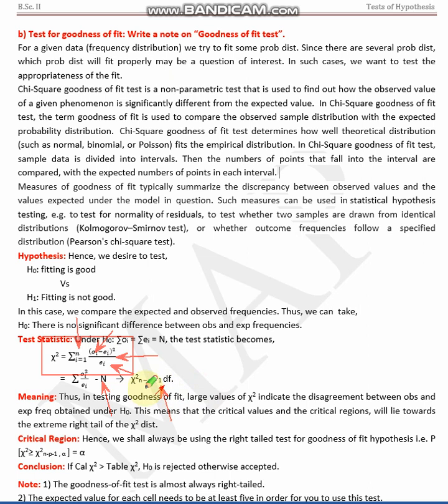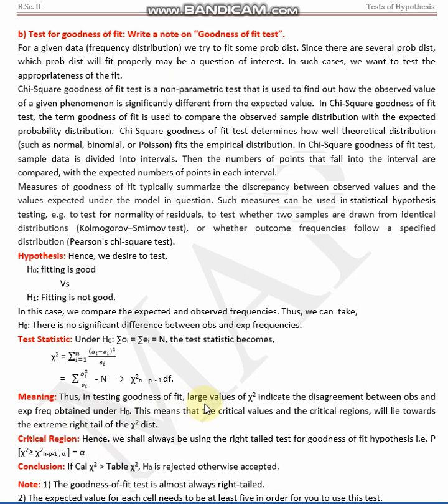What is n? N is the total number of observations. P is the number of parameters estimated, and 1 degree of freedom is lost because of the condition summation Oi equal to summation Ei. Because of this we need to subtract 1 degree of freedom.